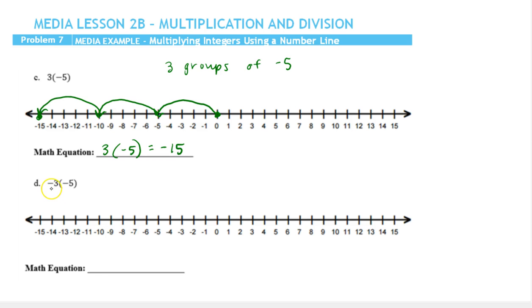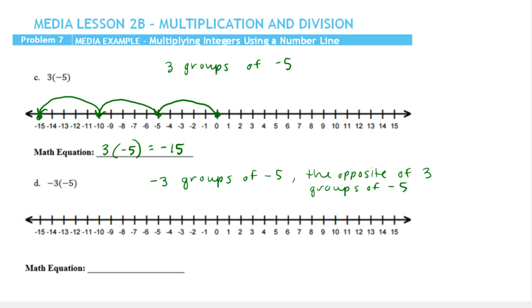Now here again, the number of groups, or the first number, has a negative value. So since it's hard to think of a negative group, negative 3 groups of negative 5, we are going to use the opposite again. The opposite of 3 groups of -5.